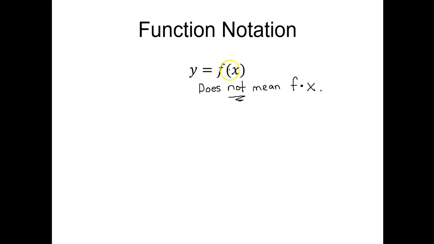The parentheses here do not mean multiplication. With function notation, the f is the name of the function. And then what's in parentheses is what's going in for the independent variable.